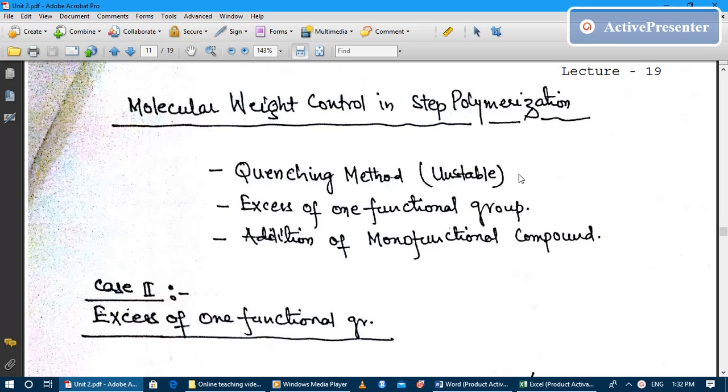So, the first method is to quench the reaction, means to reduce the temperature of the reacting mass. By reducing the temperature of the reacting mass, the polymerization reaction or any reaction will be stopped if it is an endothermic reaction.